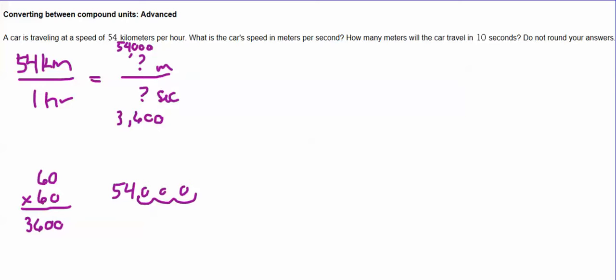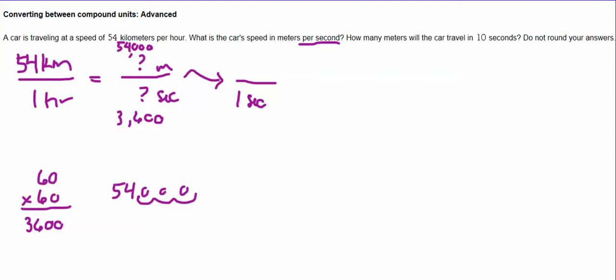The question that they're asking is, what is the car's speed in meters per second? Per second means 1 second. Our conversion here is per 3,600 seconds, but we can fairly easily convert this to per second. We're going to slice it down or proportion it down to a unit rate per 1 second.